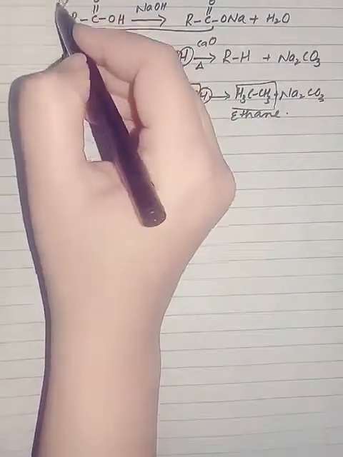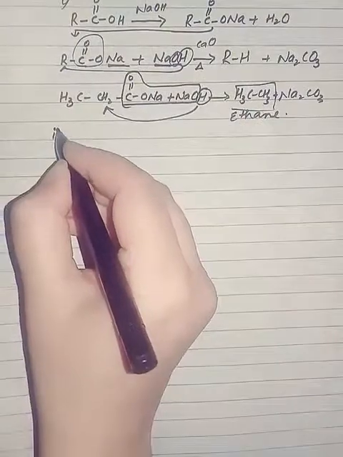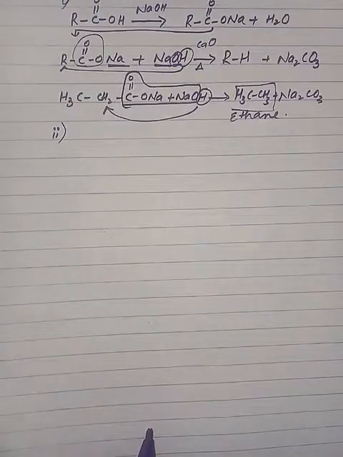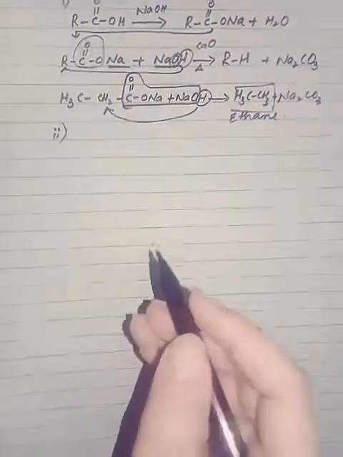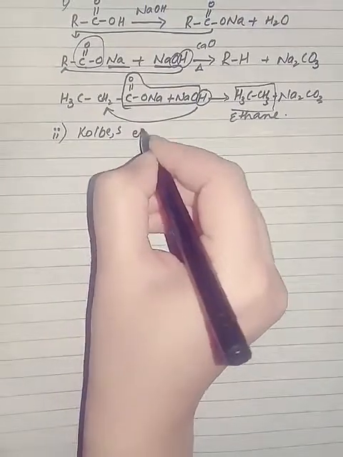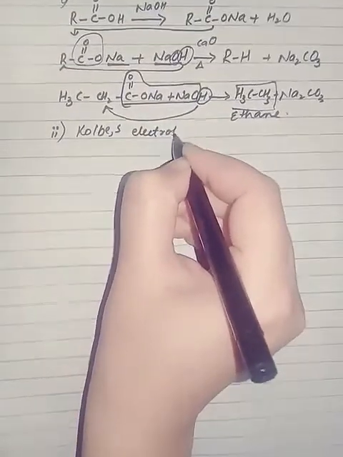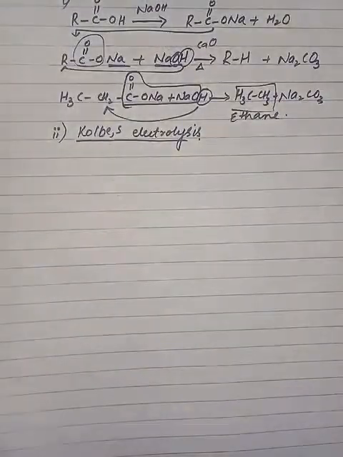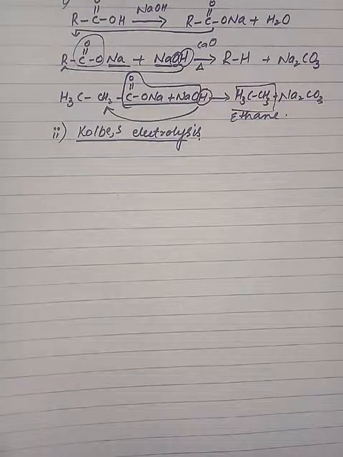So this was the first reaction, and Kolbe's electrolysis is the second type of the same reaction. You will remove the CO2 in the form of CO2.